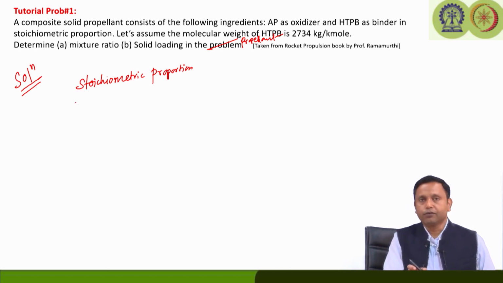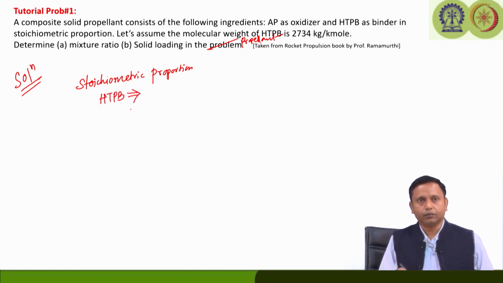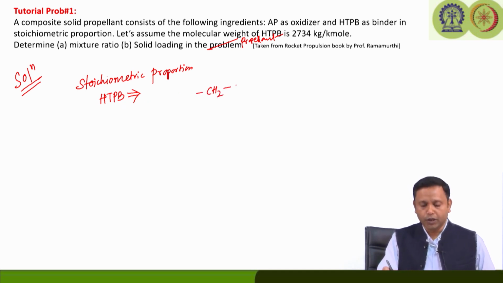What about the chemical formula of HTPB? We have learned earlier that it is hydroxyl terminated polybutadiene. So, it will have many butadiene chain structures connected together, like this, n, and it will have a hydroxyl radical at the end.